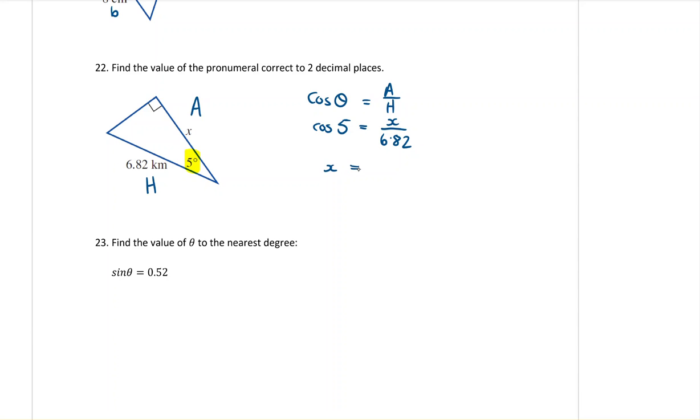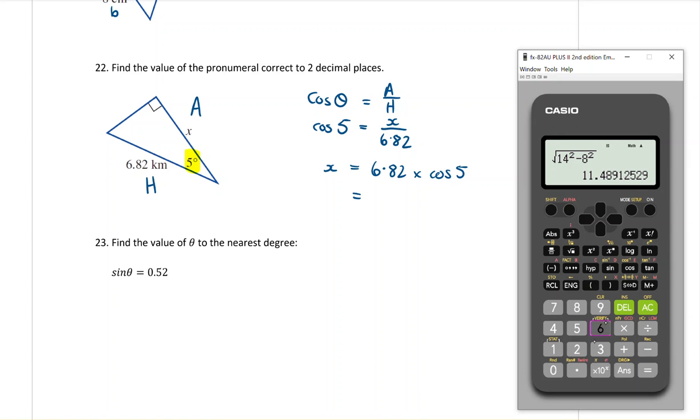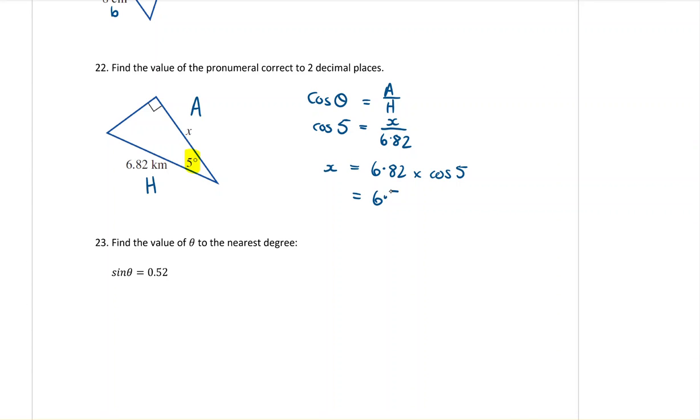So x comes over to the left, and I want to times the 6.82 with the cos 5. You type that in your calculator: 6.82 times cos of 5 equals, and this one asks for 2 decimal places. So it'd be 6.79. And again, I could include the kilometres there since that was given to me in the question.